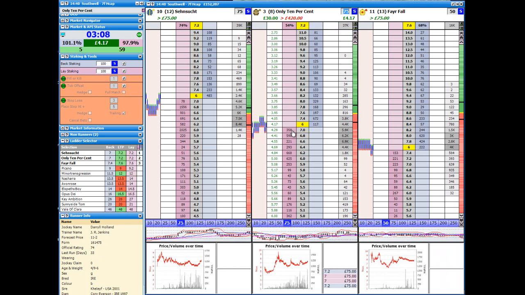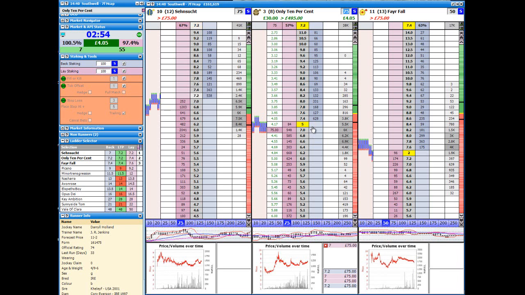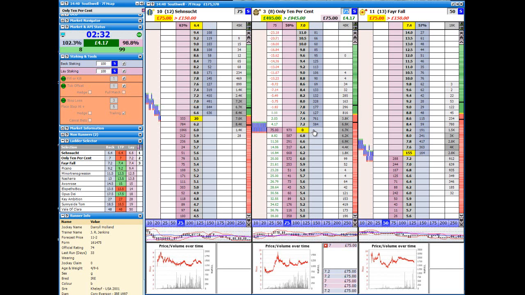So as you can see, I'm just trading the one horse. This is the second favourite. I forget now if I've done this with any of the races this afternoon, but sometimes if I've done a little bit of research, or I've heard a whisper that a particular horse might do well, instead of hedging before the off to get an even green or even red across all the selections, I might just build up a solid green figure on a particular horse that I think has a very good chance of winning the race.